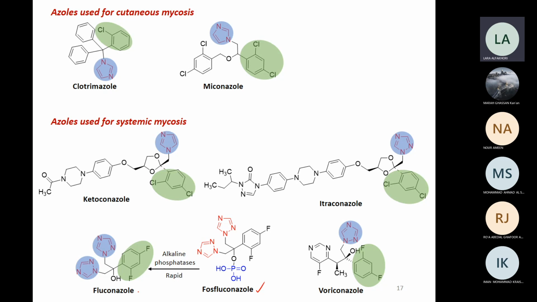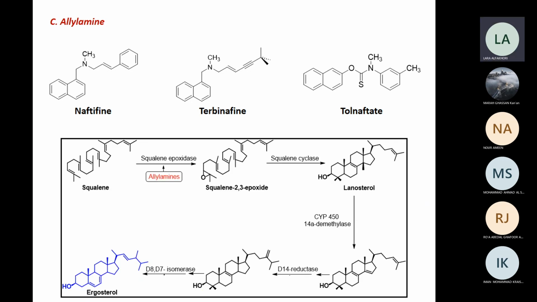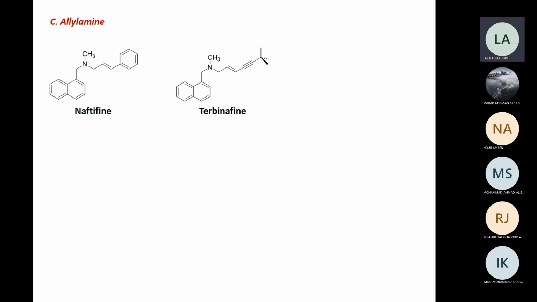Okay, let's talk now about the last class that is involved in inhibiting the biosynthesis of ergosterol, which is the allylamines. Now when we say allylamine, it means those drugs have an amine in their structure, right?